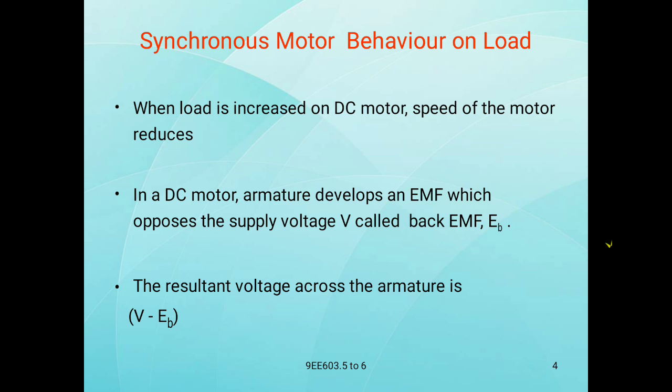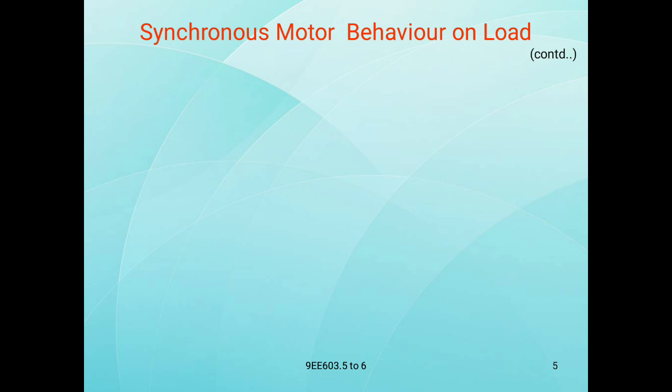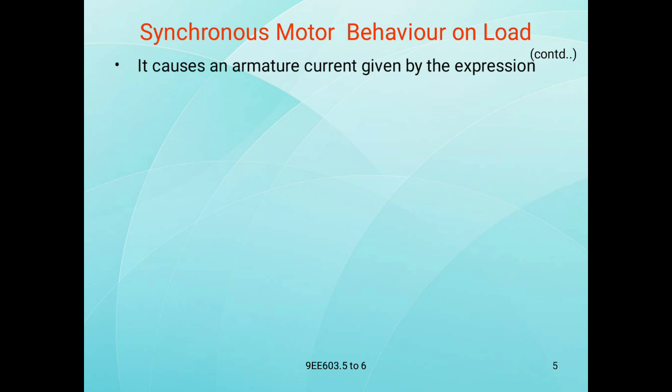The resultant voltage across the armature is V minus Eb. It causes an armature current given by the expression Ia is equal to (V minus Eb) by Ra.